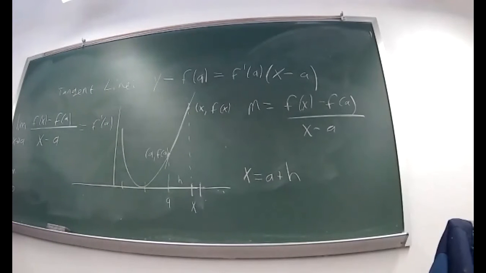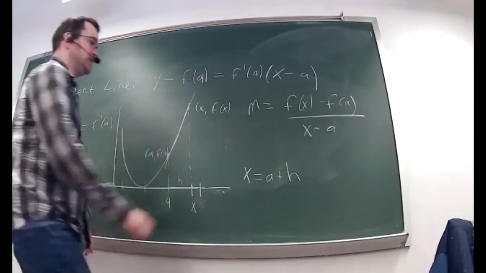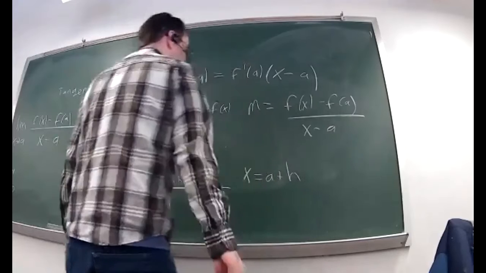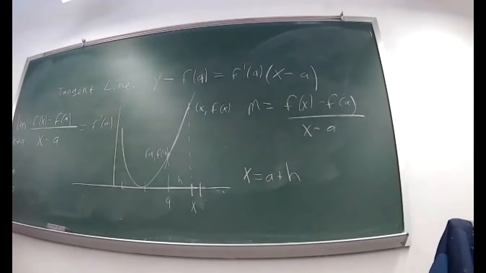So you can write this as, changing the variable to h instead of x, a is fixed. x goes to a is like saying h is going to 0. And then f of x, well, x is just equal to a plus h. Keep a like it is.